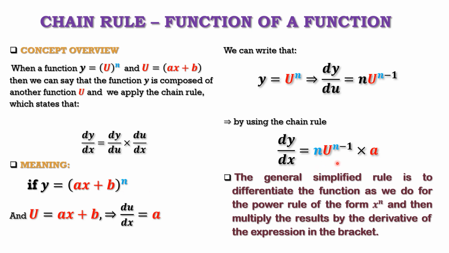Then the power rule says that we have to subtract 1 from the exponent, then go into the bracket, look at the function that we have here, and differentiate it. So when you differentiate it, what are we going to get? We are going to get a. That is what the chain rule says.